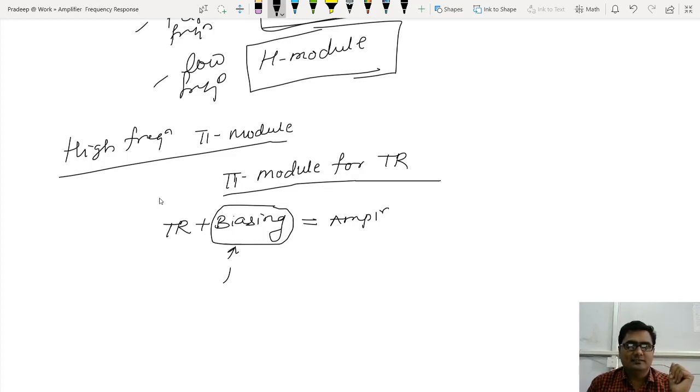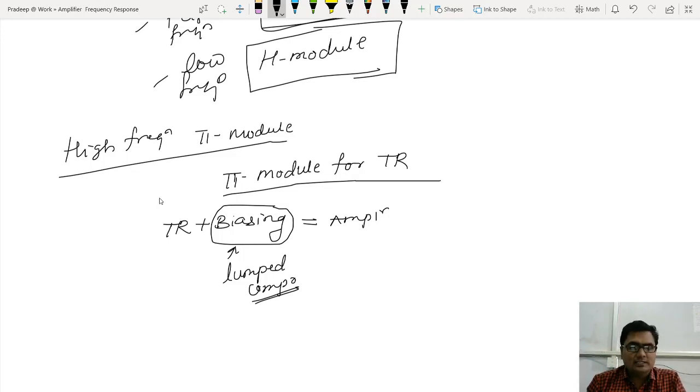Those are lumped components. Lumped components means the components that we have connected in the circuit, connected to the transistor. So those lumped components are there with the transistor in the amplifier circuit. Apart from those lumped components, we have some distributed components also.